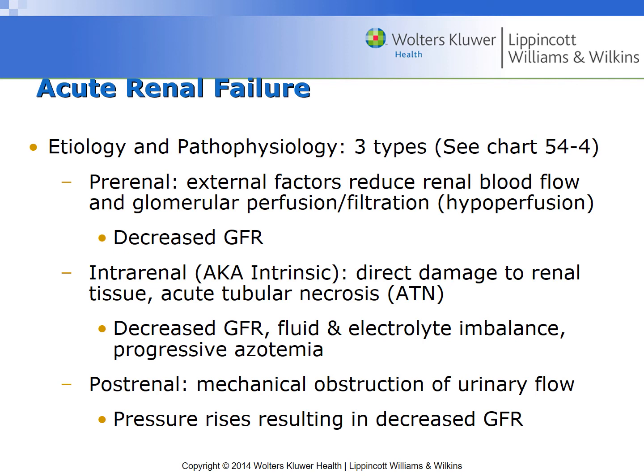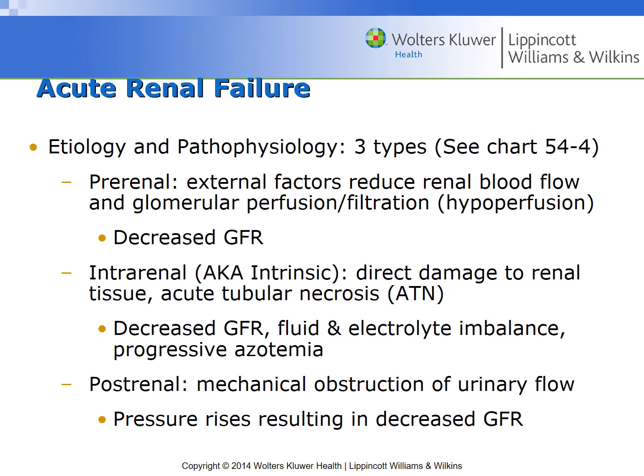Systemic vascular disorders also can cause kidney damage, and severe infections such as sepsis can too. So with the intrarenal type, again, we're going to have that decreased renal GFR, the glomerular filtration rate. We're going to see a fluid and electrolyte imbalance a lot of times with this one, and a progressive azotemia.